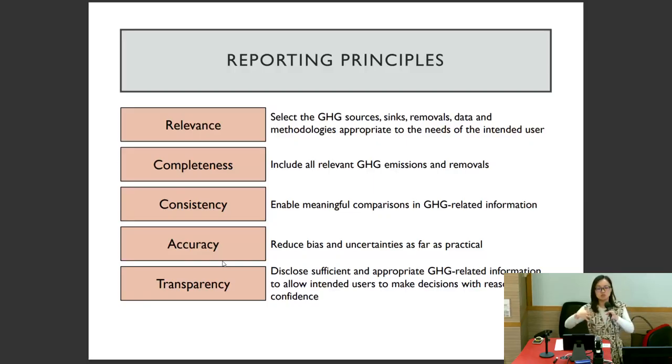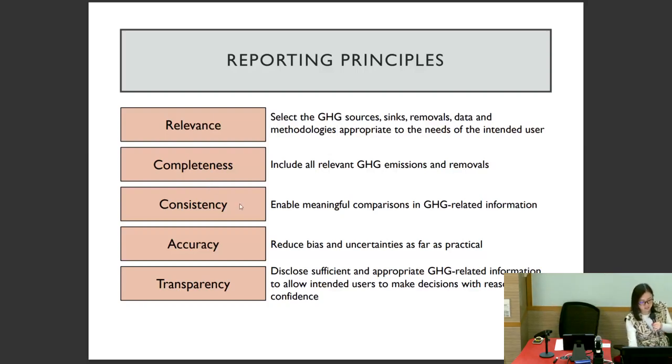If those sources are outside the organizational boundary, then they are not relevant. So relevance is one of the principles, and then completeness. So include all the relevant greenhouse gas emissions and removals. So it has to be complete. All the sources, you should not miss any.